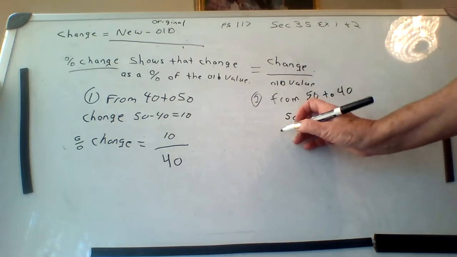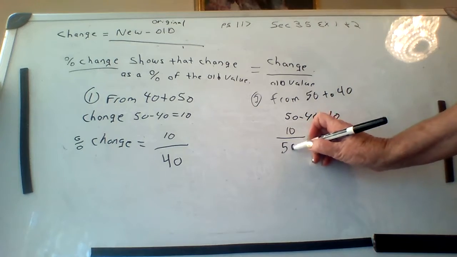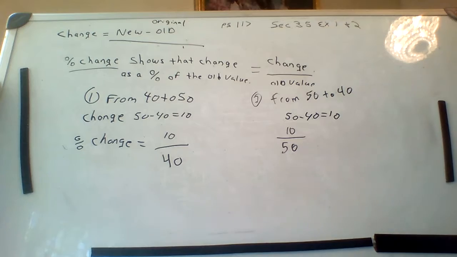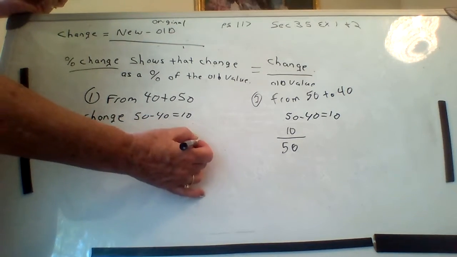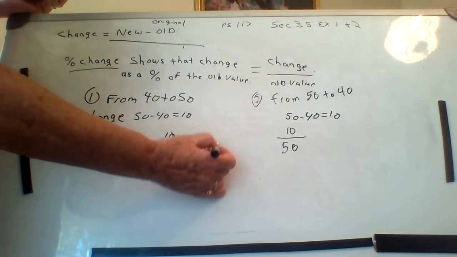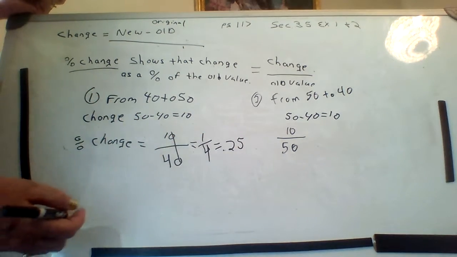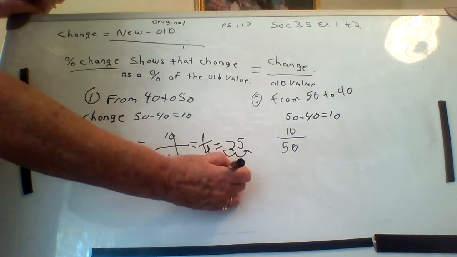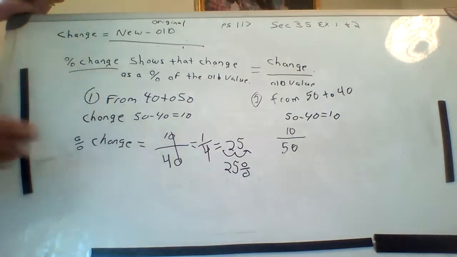The percent change was, well, the change was 10, but the original amount was 50. Okay, so we're going to end up with two different answers because our original amounts are different. Well, this here reduces to 1/4. I know 1/4 is 0.25 because I have it memorized, and I want you to memorize. 1/4 is 0.25. I'm going to move my decimal over 2 places, so I get 25%. So the change here was 25%.